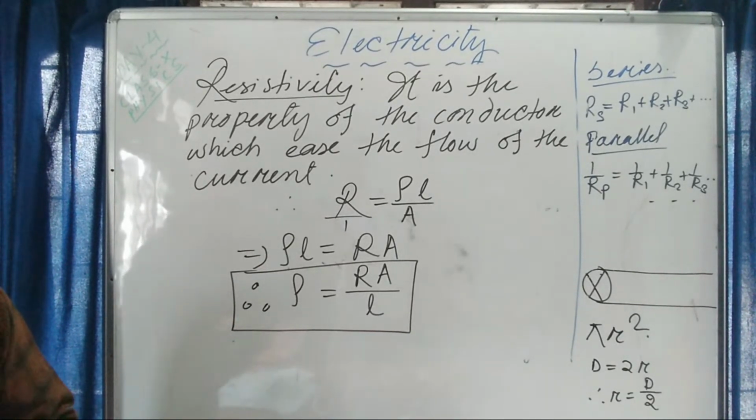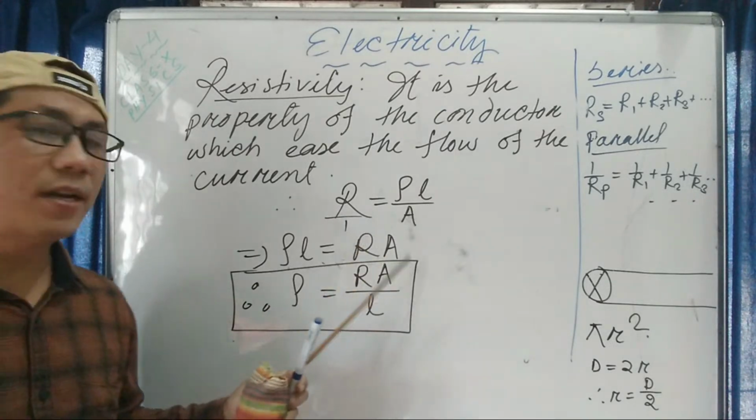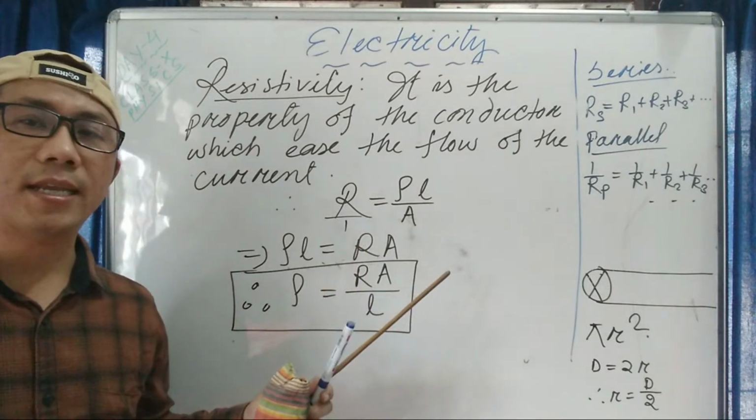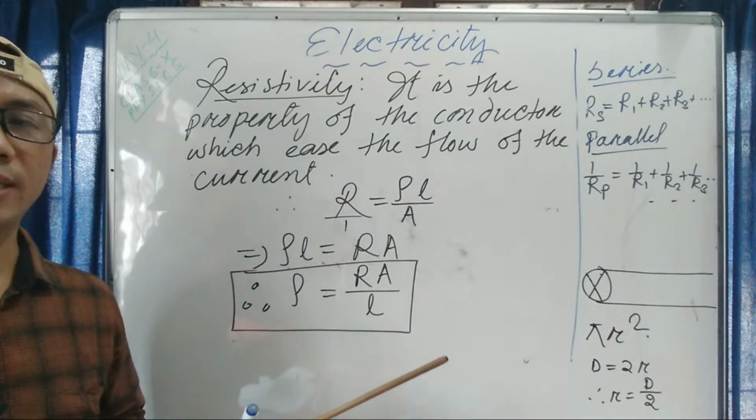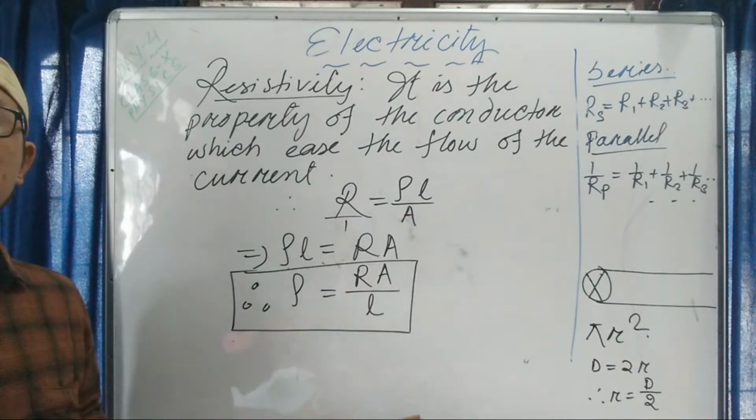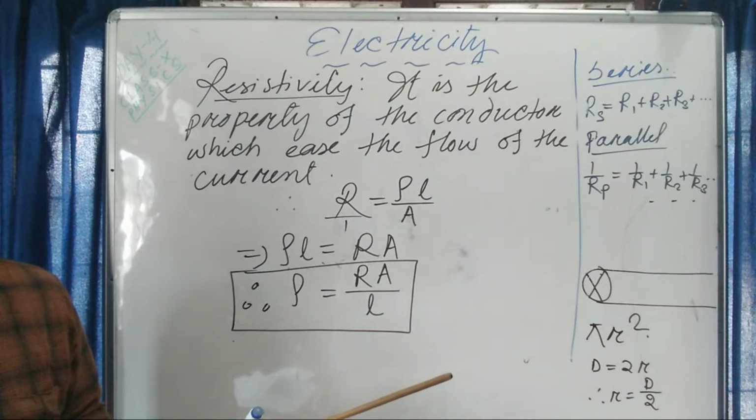The resistivity value of metals is less. If the resistivity value is less, then their conductivity will be fast or more. If the resistivity value is high, then their conductivity will not be there.